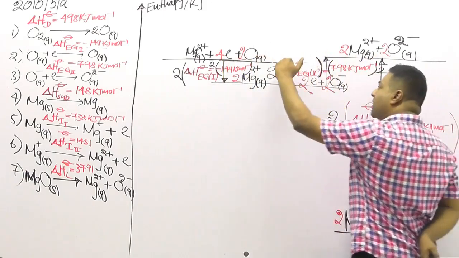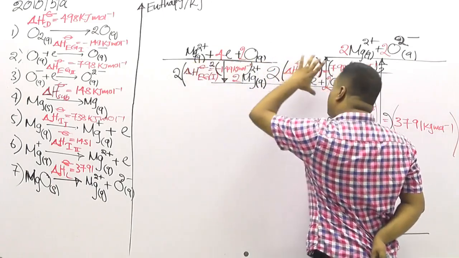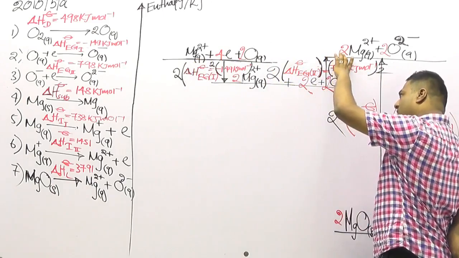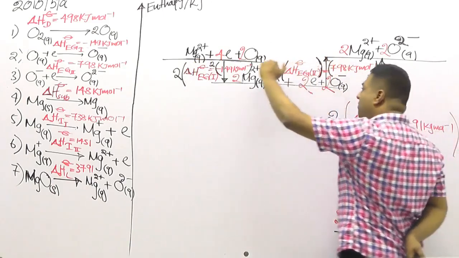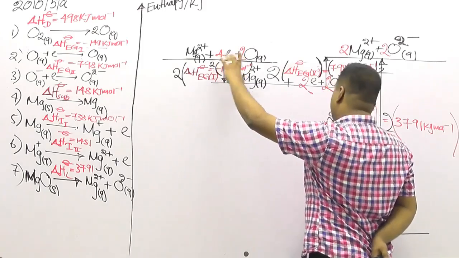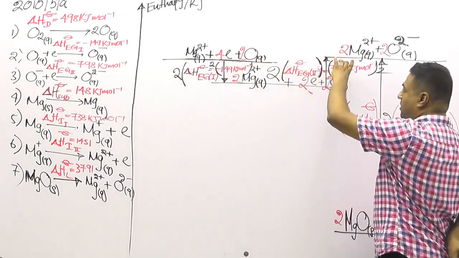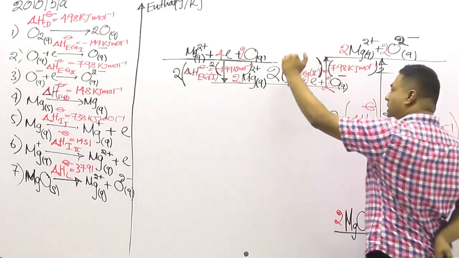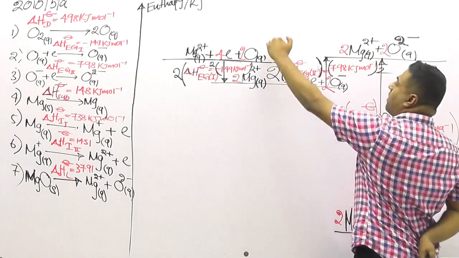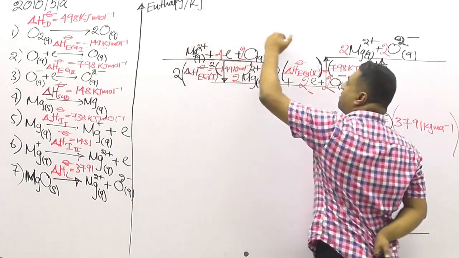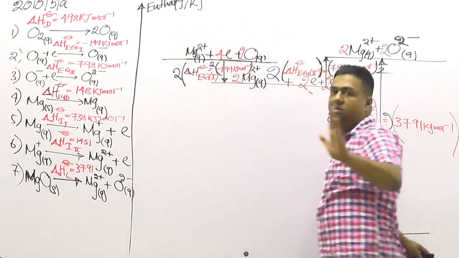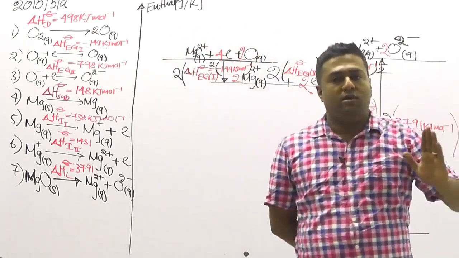So definitely this has to be in between these two enthalpy levels, right? In between two enthalpy levels, somewhere here.